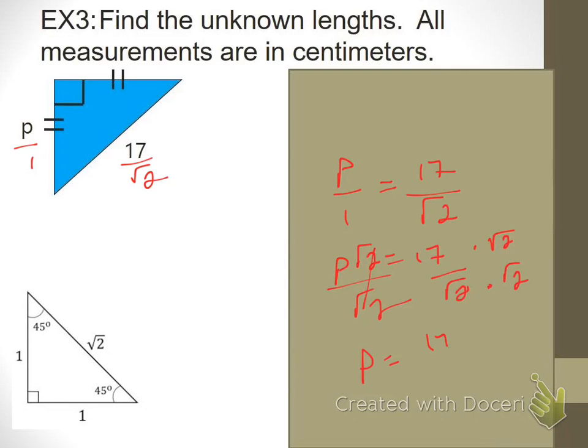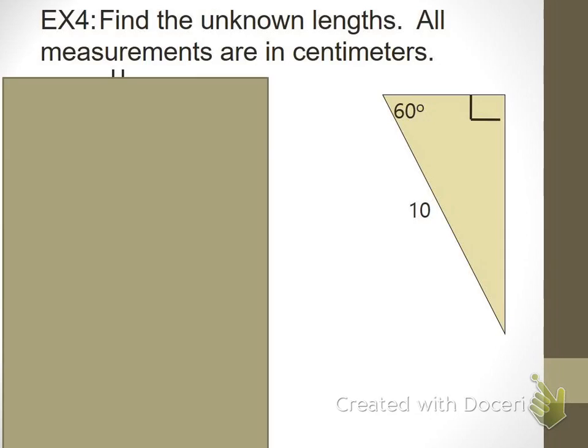And so p ends up being 17 radical 2 over the square root of 4. And of course, the square root of 4 is 2. So you could just leave it as 17 radical 2 over 2. Okay, stop the video. Try this one, start it back up, and check your work.